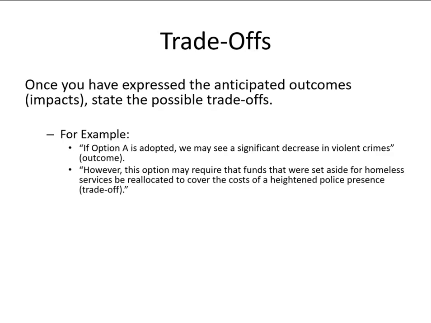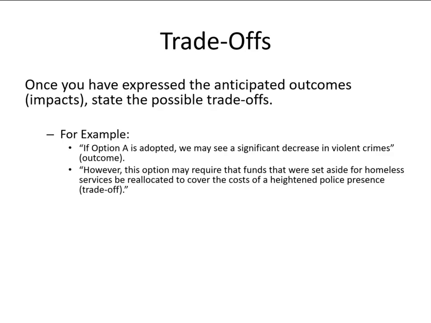Now, for example, if policy option A is adopted, we may see significant decrease in violent crimes. However, this option may require that funds that were set aside for homeless services be reallocated to cover the cost of heightened police presence.